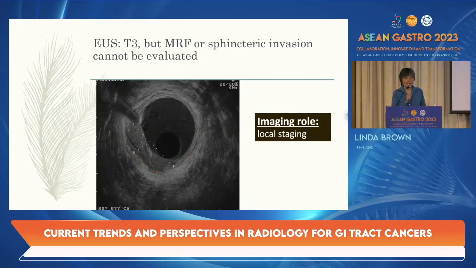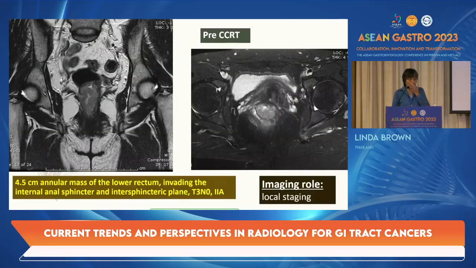So EUS has a pitfall in that once it comes into T3 region, EUS cannot evaluate sphincters, which is very important information in colorectal cancer. It cannot evaluate mesorectal fascia. So the imaging of choice that is the best for high stage rectal cancer is MRI, because MRI could identify the sphincter nicely.